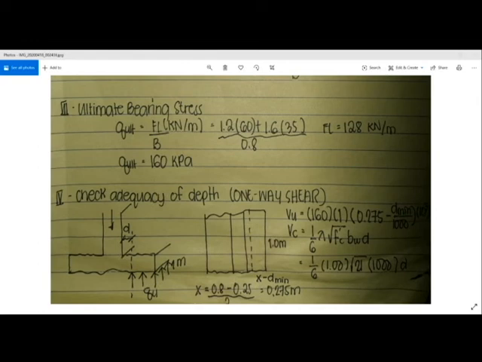The value of your x is equal to the dimension of our wall footing minus our wall, 0.8 minus 0.25, divided by 2, which is equal to 0.275. Then we subtract D from it. So in the drawing, this one is like a beam, okay, it looks like a beam here.